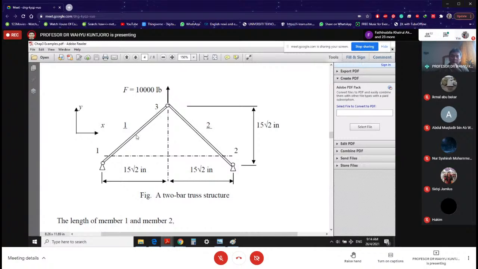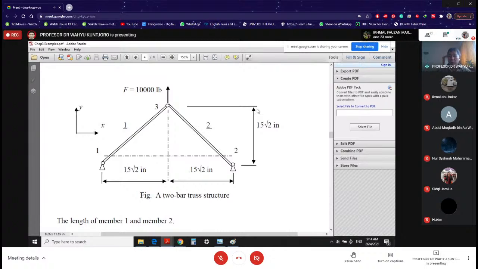We have two elements only, one on the left, one on the right. Here is element number two, and the dimension is given here. So this is 15 square root of 2, and from here vertically it is also 15 square root of 2.